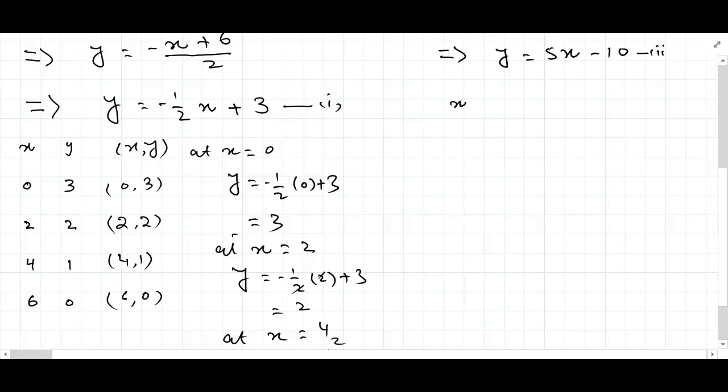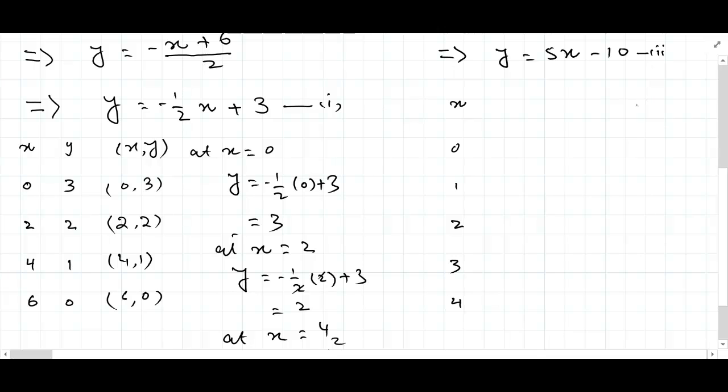So x will have the values 0, 1, 2, 3, 4. Against these values of x, we will find values for y.